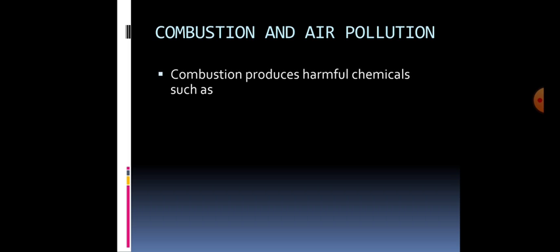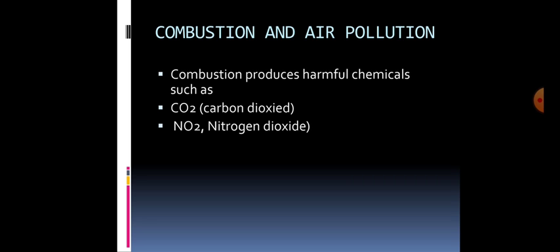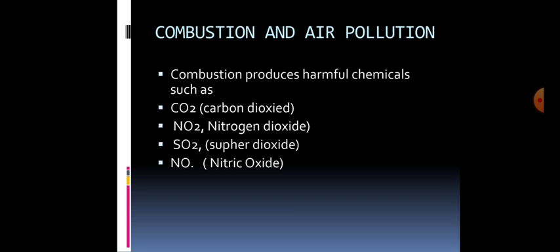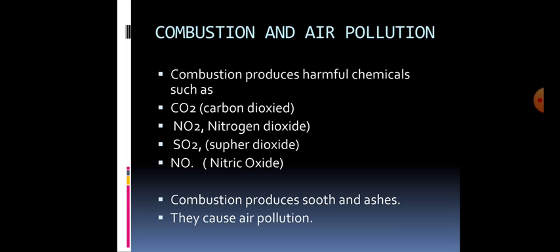Mostly combustion produces harmful chemicals such as carbon dioxide, nitrogen dioxide, sulfur dioxide, nitric oxides. These are very harmful. They get mixed and remain in the atmosphere with the air. Combustion produces soot and ashes. They cause air pollution.